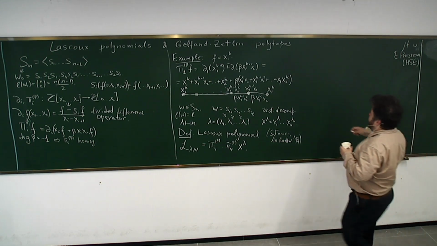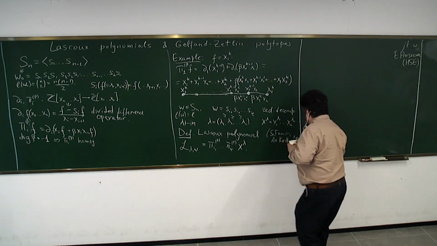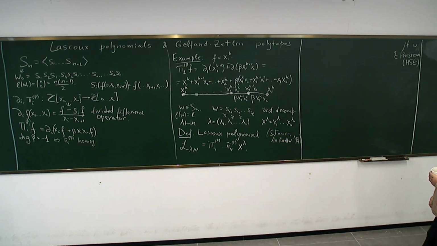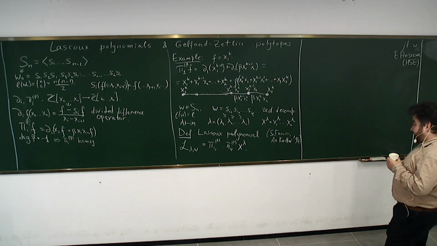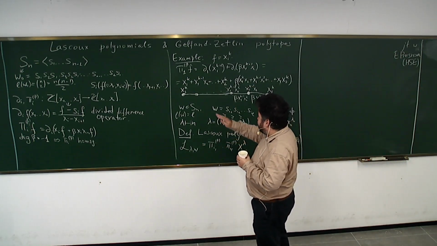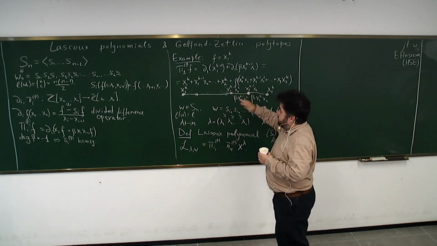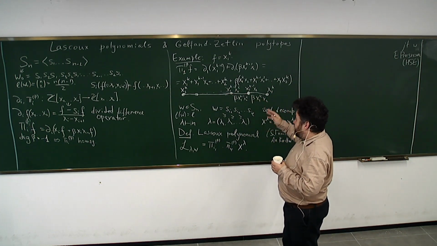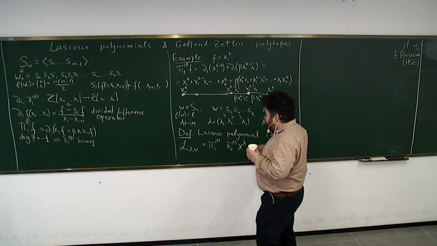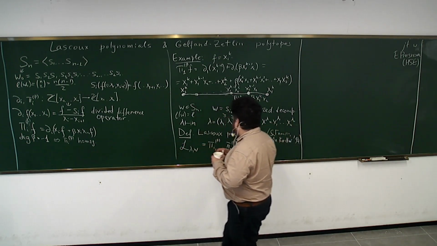So yes, in many cases people just consider beta equal to -1, and they get a nice polynomial with alternating signs. Let me now present the following picture.